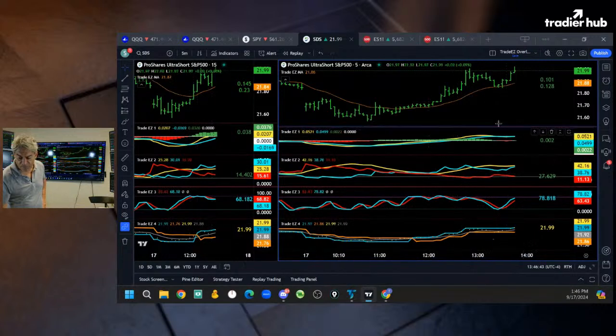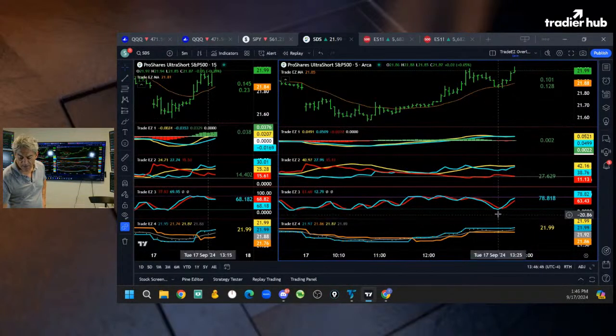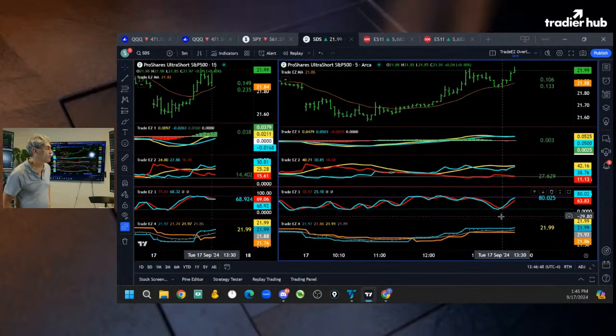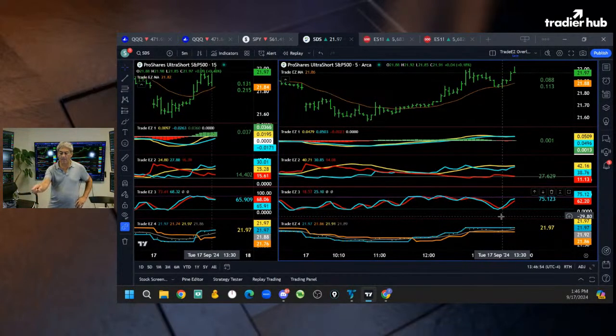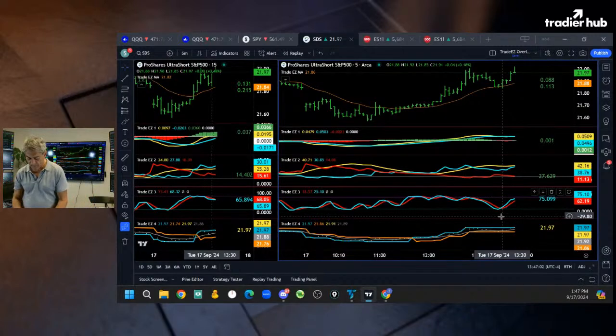This is the first pullback on the 5 minute on the oversold condition. I used a smaller time frame, and then what happened? That buy resulted in confirmation of the short on the spiders, and we got absolutely cabooshed.